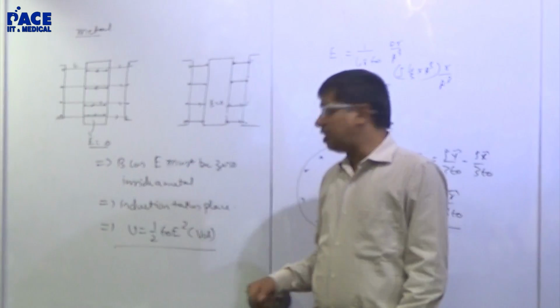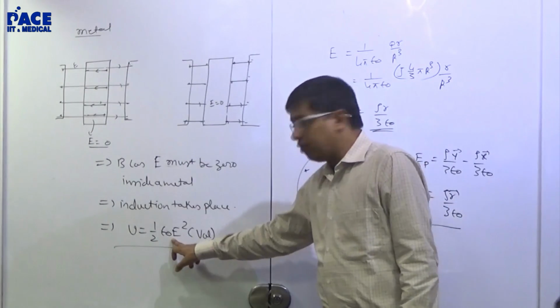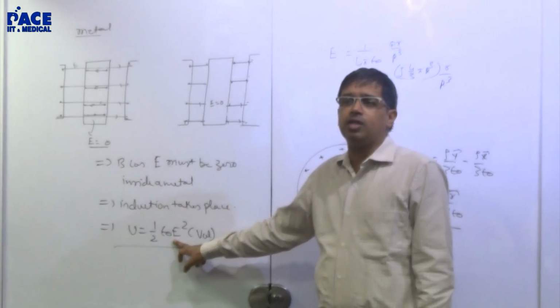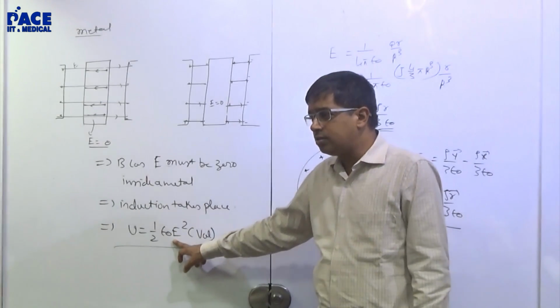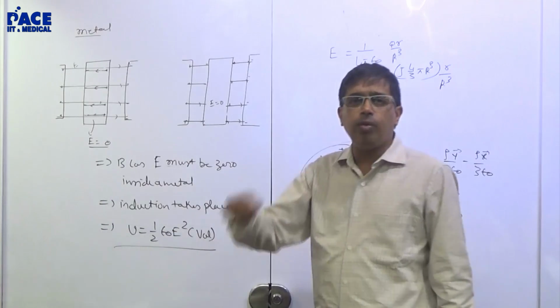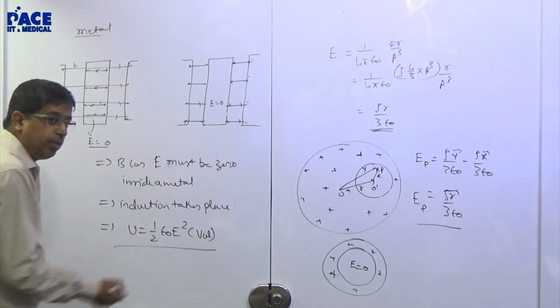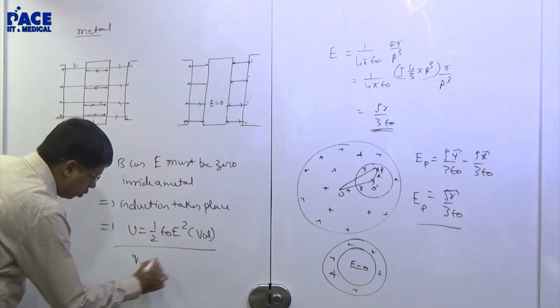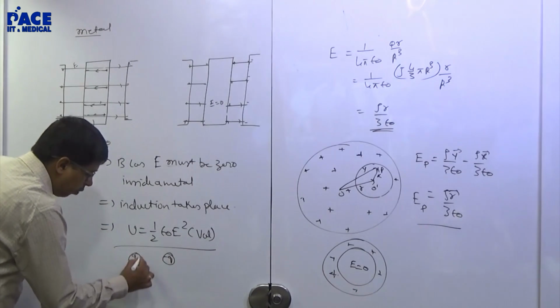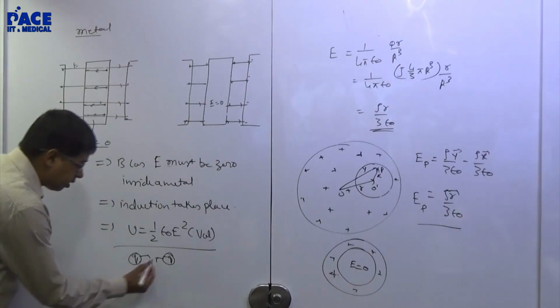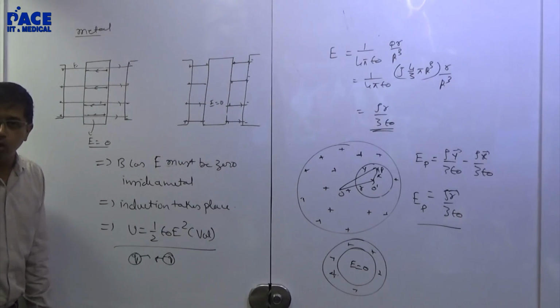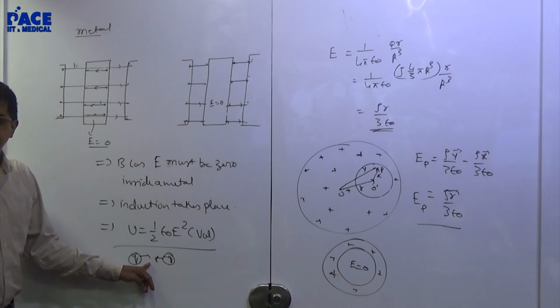Why do you think nature prefers to make the field zero? We will calculate in days to come that potential energy will be half epsilon naught E square. Nature will always try to make the potential energy zero. Can you give examples which we know? Yes. If I have Q and minus Q, what will nature do? It will attract both of them, merge them and make the field here zero.